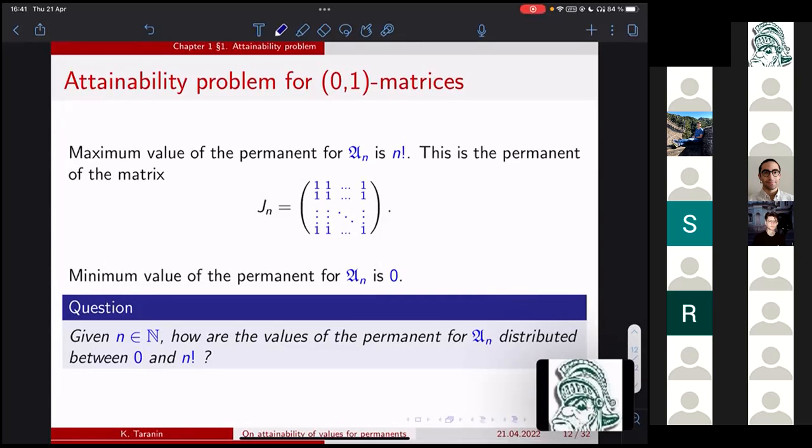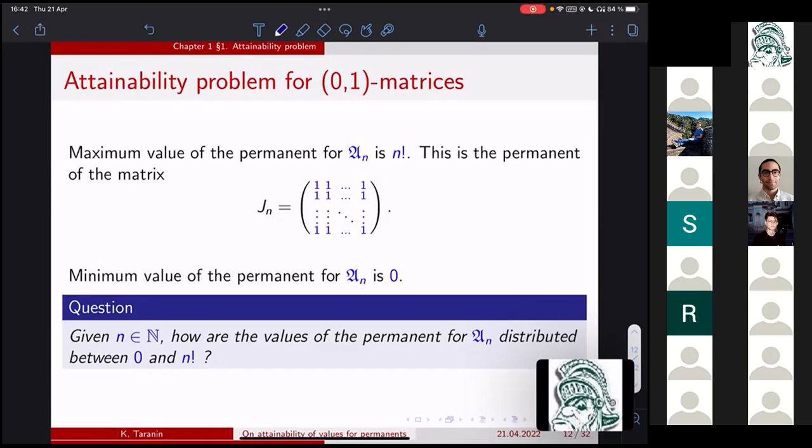It was proved by, as far as I remember, Valiant. So calculating the permanent of a 0,1 matrix is not easier than of an arbitrary matrix.